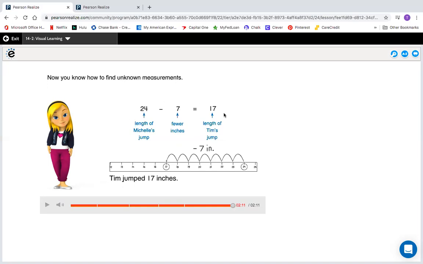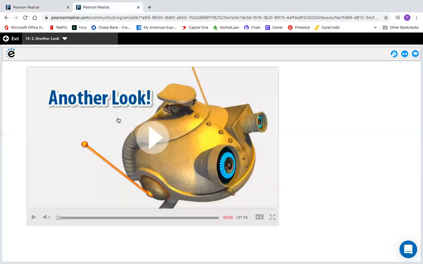If I had this, I could also say 24 minus 17 equals 7, or I could say 7 plus 17 equals 24, or 17 plus 7 equals 24. Because understanding that addition and subtraction go together will help you find unknown answers if it's before the equal sign. So we're going to watch another video to show this.